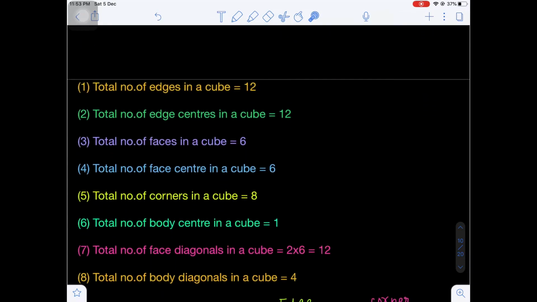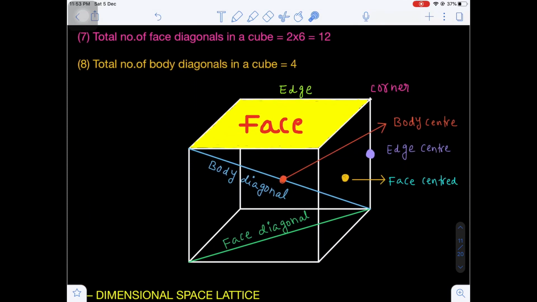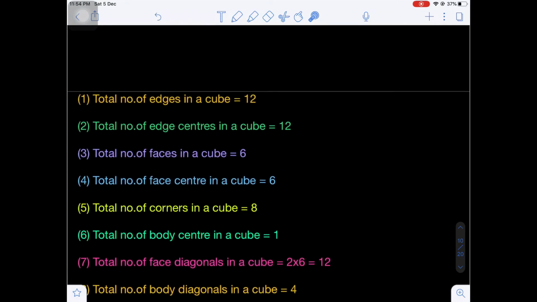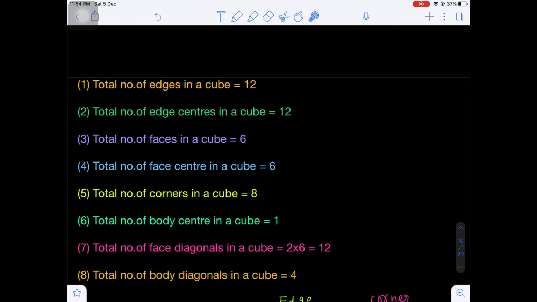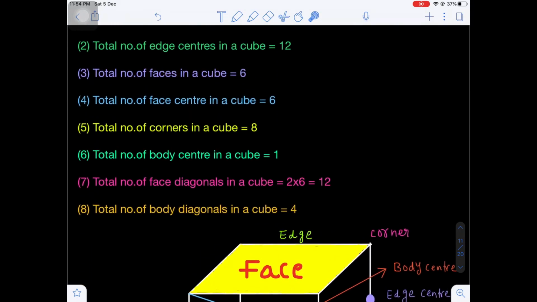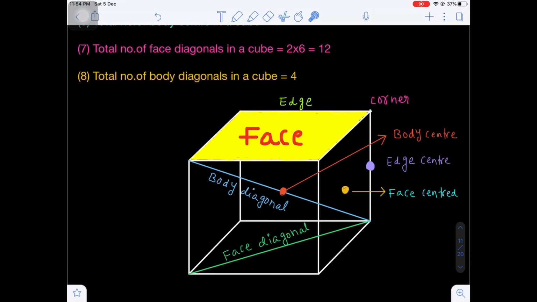Now if you see a simple unit cell, what are the different types of parameters present? First of all, the number of edges. Do you know how many edges will be present? This is one edge, this is the second, this will be the third and fourth.